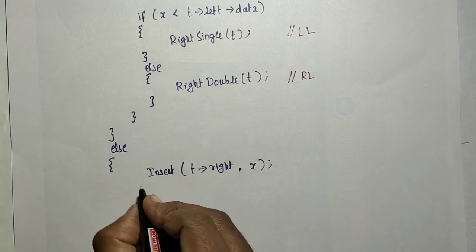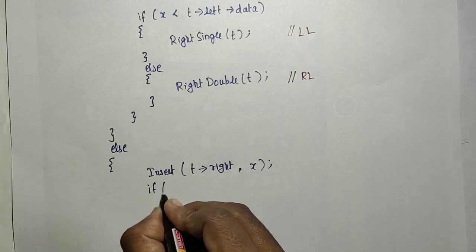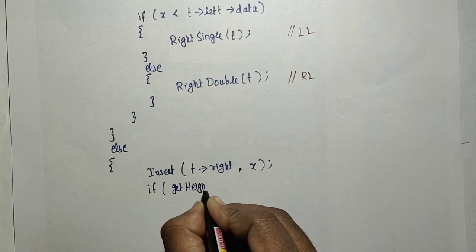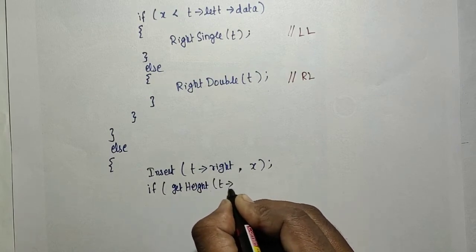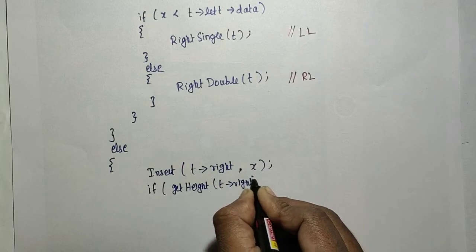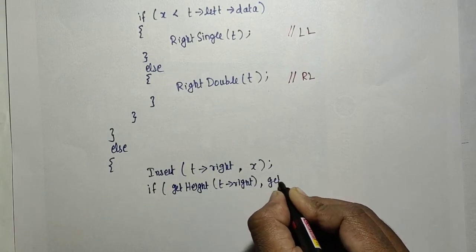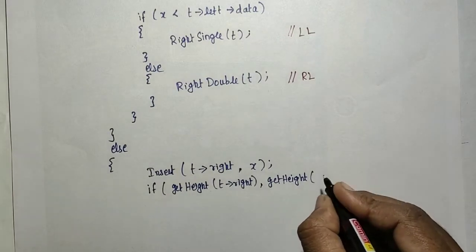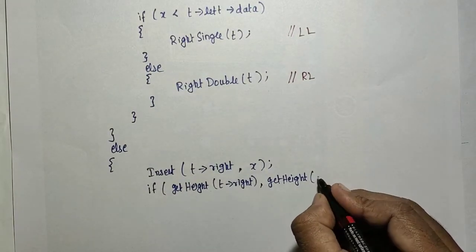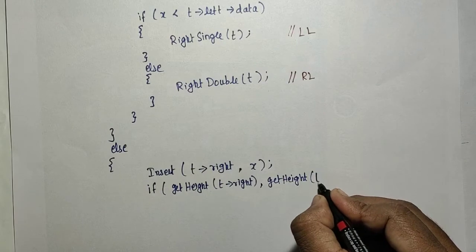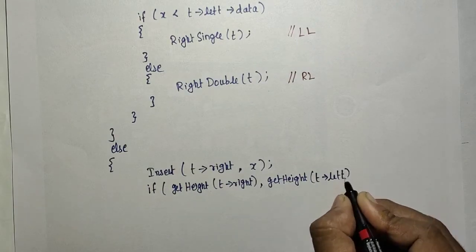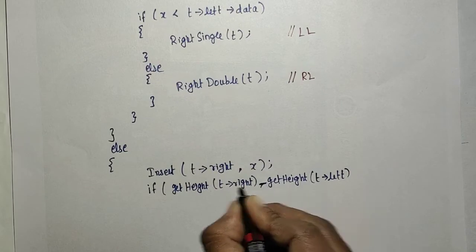So I need to check if get height of t of right, comma, get height of t of left, minus, we have to subtract.